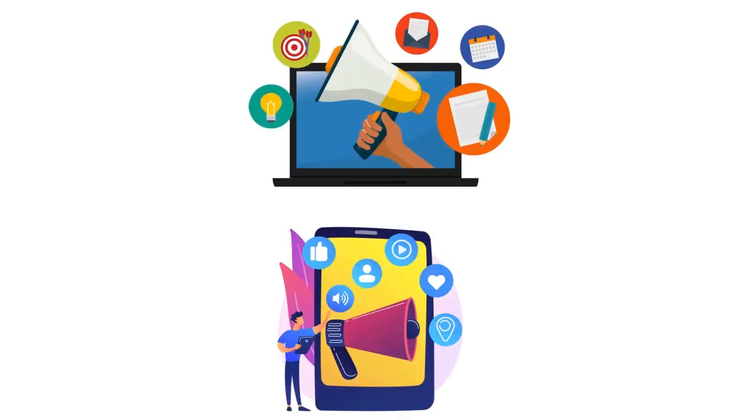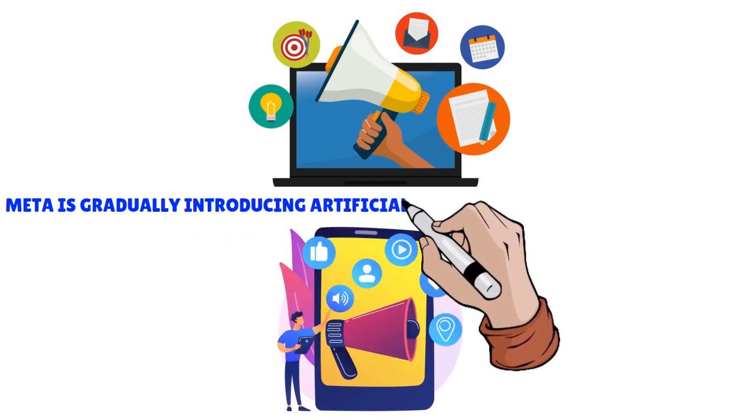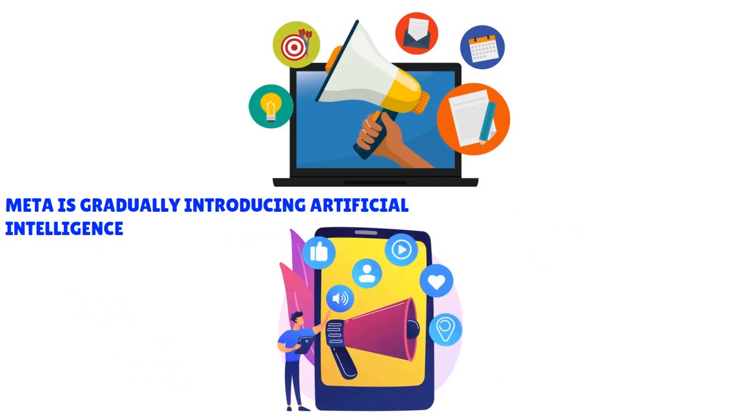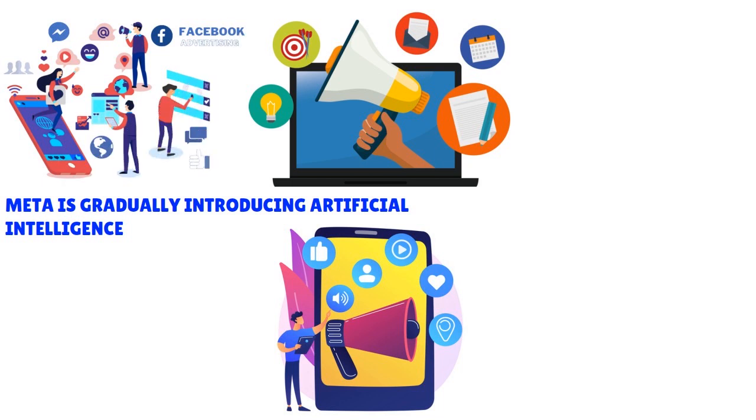Because in the last 2 years, Meta is gradually introducing artificial intelligence in the whole ad process, including its Meta Advantage Plus tool. But that is internal; you also have external forces.